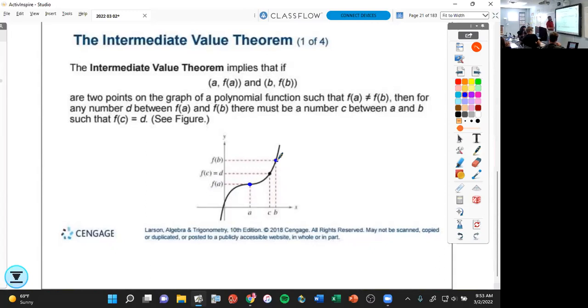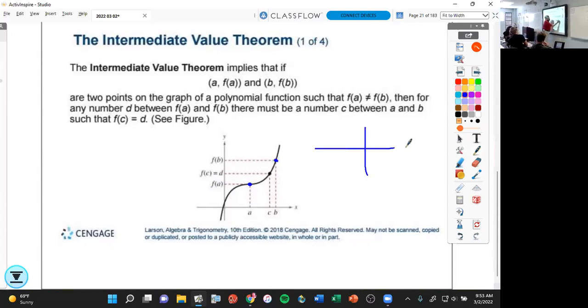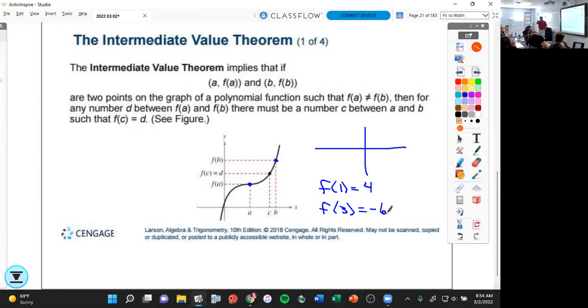Okay, so here's what's going to happen. If I said that f of 1 was 4 and f of 3 was negative 6, and it's continuous, does that graph cross the x-axis? How many times?